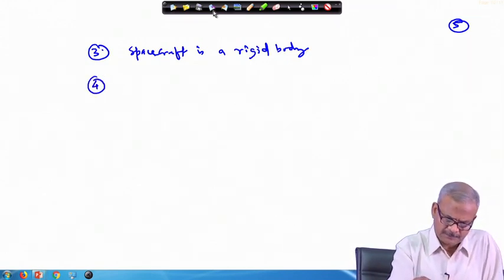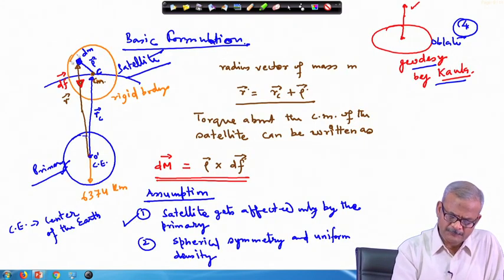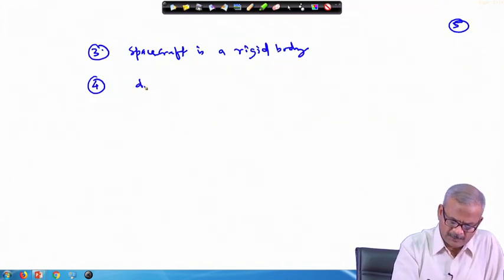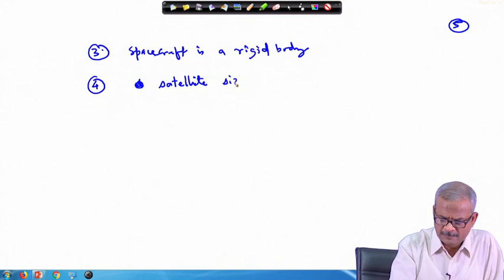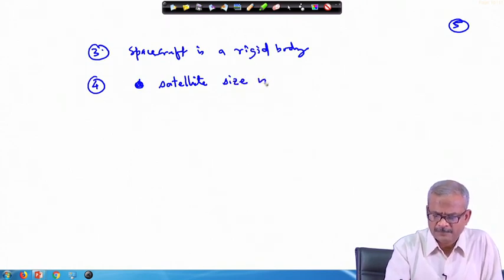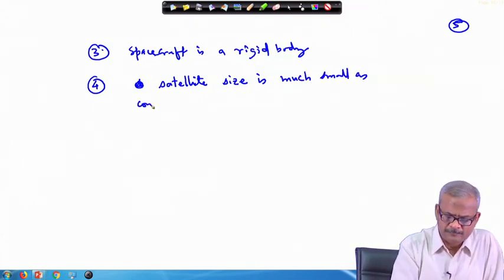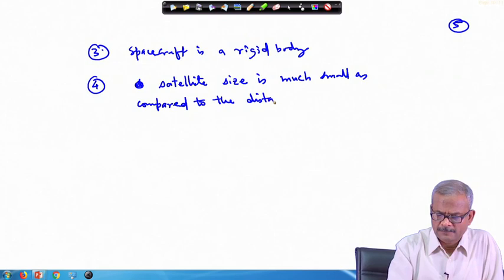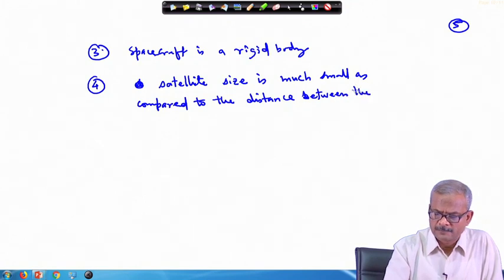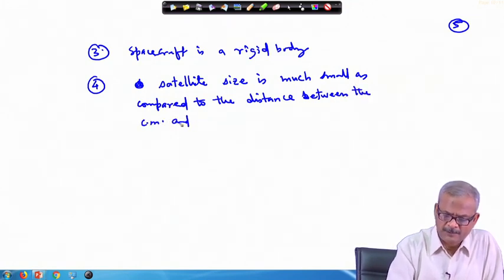And the fourth, as we have discussed, the satellite size is very small as compared to the distance between the center of mass and the center of the Earth.